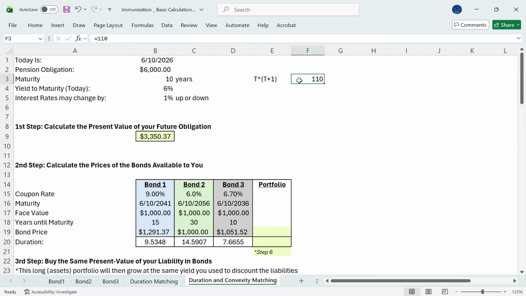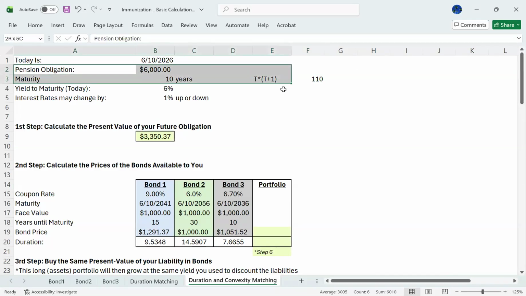If you repeat the convexity calculation, but you run it on this pension obligation, you will find out soon that you only have one single cash flow at the end, year 10. And then the weights that we impose with the convexity are T times T plus 1. You can go back to the previous video and watch those. So if you calculate this, the convexity here would be 110.